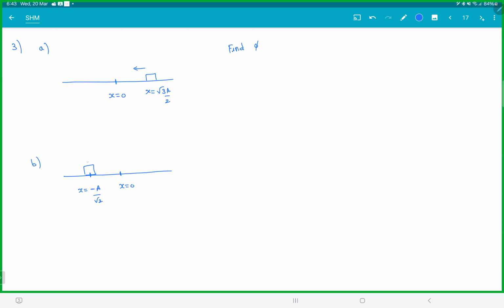Minus a by root 2 coming this way. Get me the phase angles for all these three.